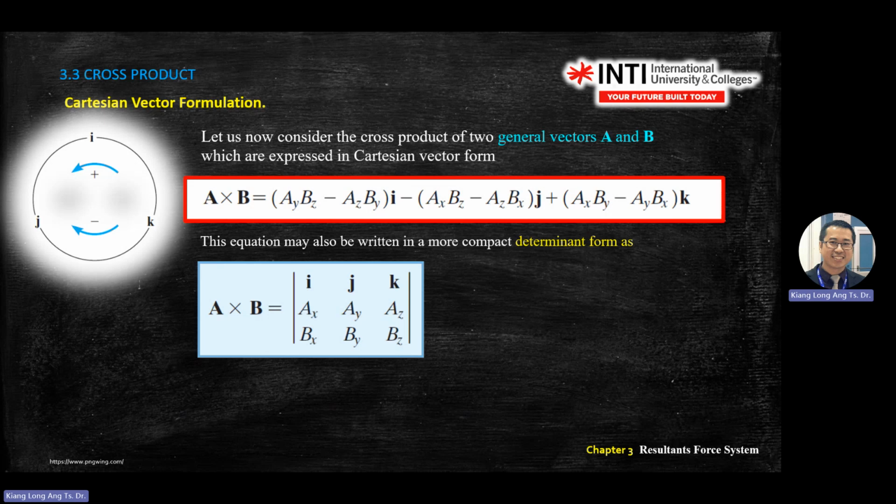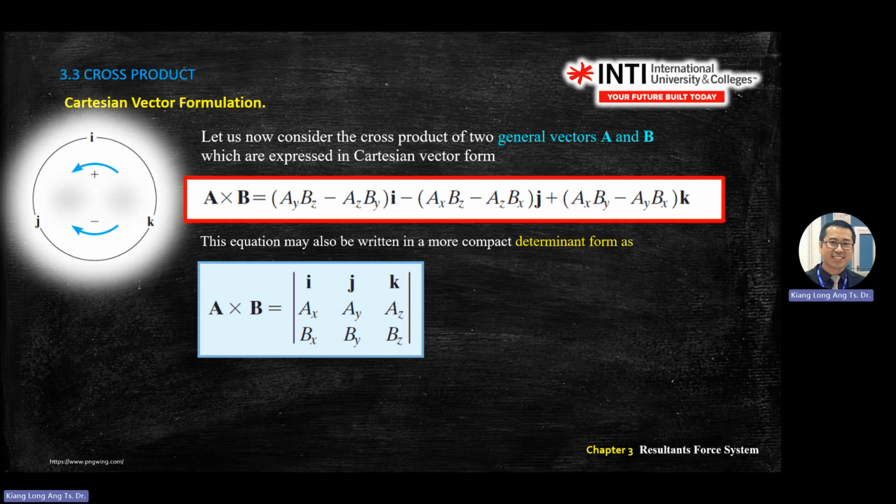So don't assume it's all positive. When you do J, remember this circle: I cross K gives negative J. So it's important you write the negative sign first before you do the matrix. So AX BZ minus AZ BX.